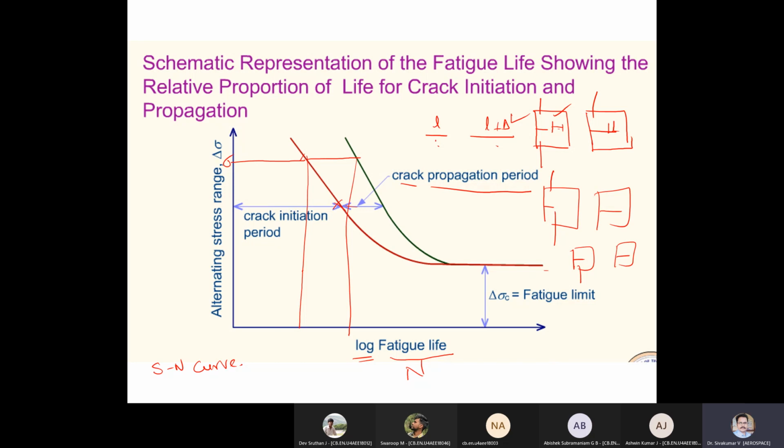I can allow the crack to go from this much length. So how many cycles can I run that particular machine? How many cycles can I run my particular aeroplane? One can easily estimate by studying this kind of graph. Understood?